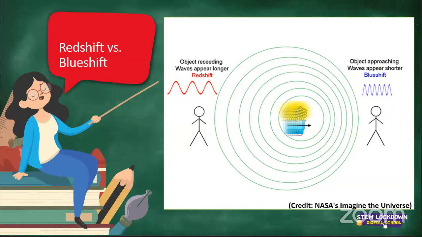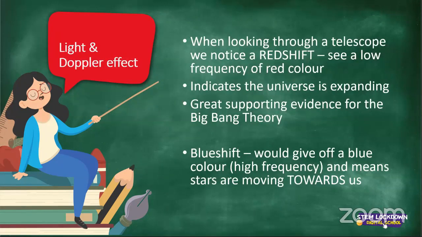Because if you look at space and you look at all the stars, they project a red light, which means they're moving away from us. And so it's showing that the universe has to be expanding in order for this red light to be seen instead of it being blue. Whereas obviously, if you had to look at something like a meteor that was coming towards Earth, we would see a blueshift.